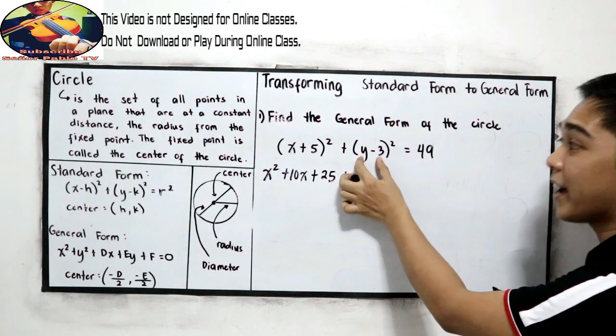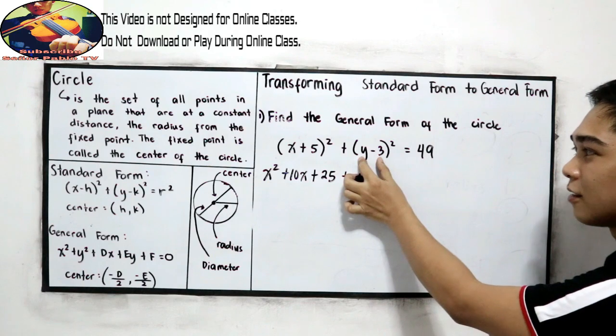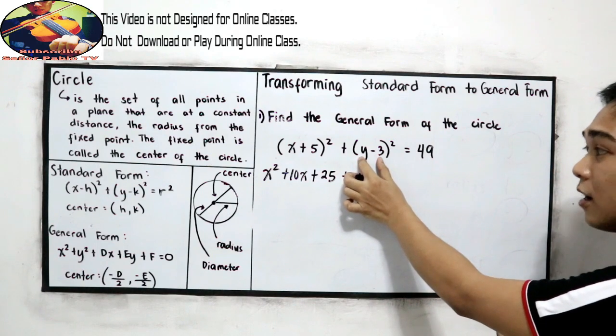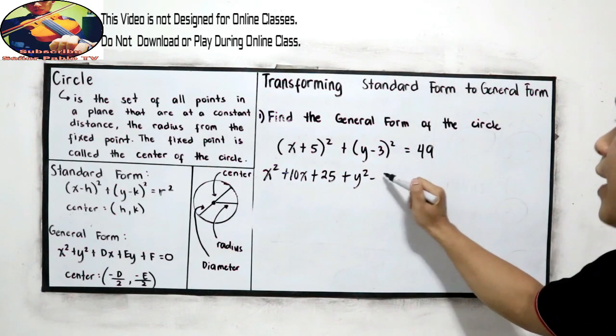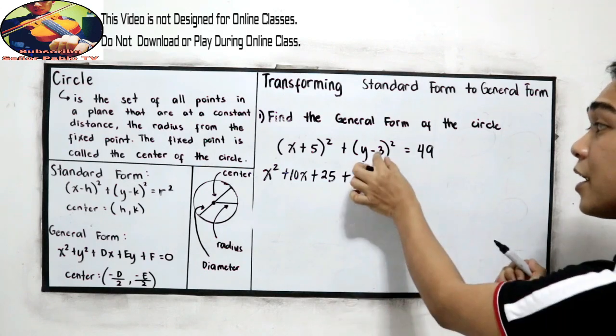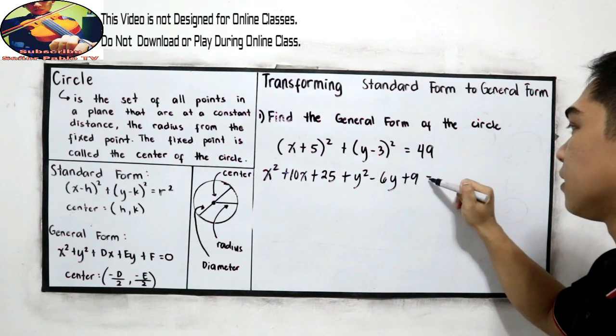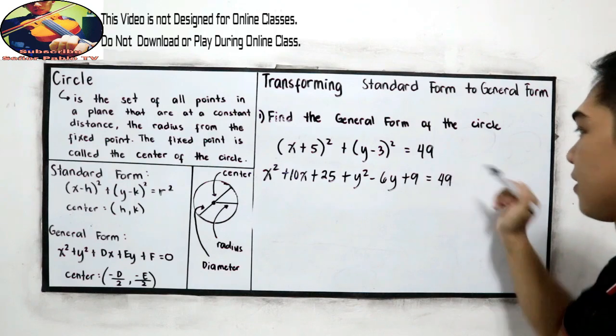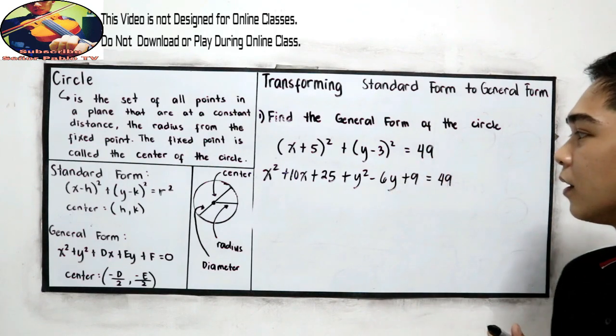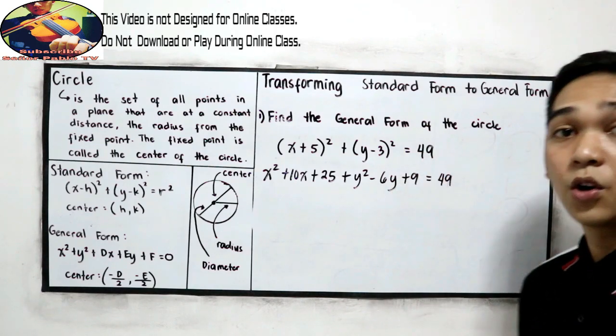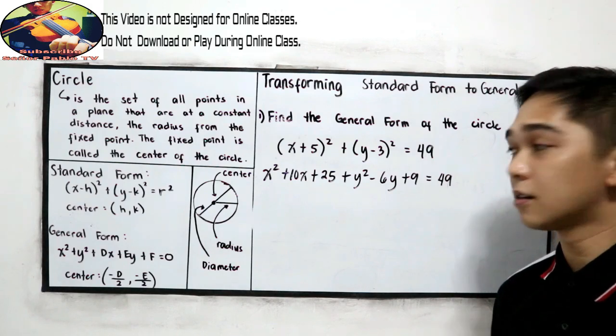Multiply the first and the second term, that is negative 3y, times 2, negative 6y. And square the second term, positive 9, is equal to 49. Just copy 49. And now, combine like terms.